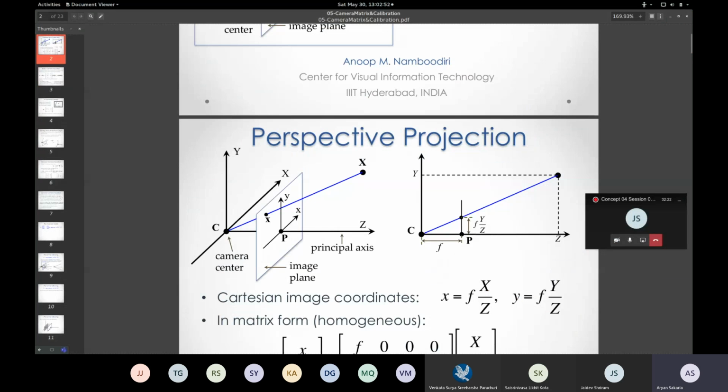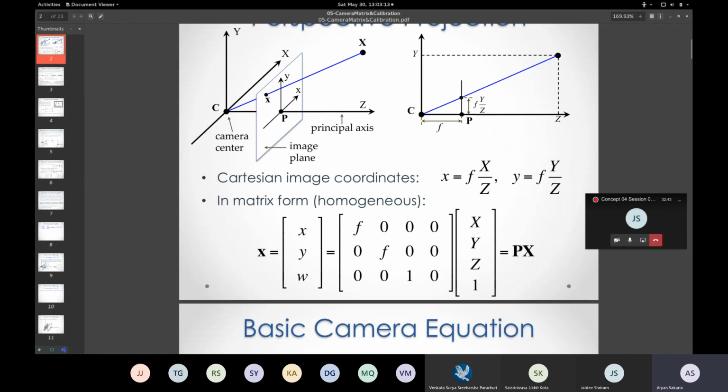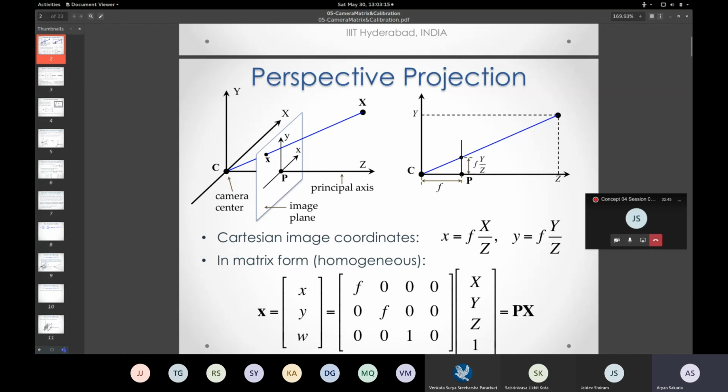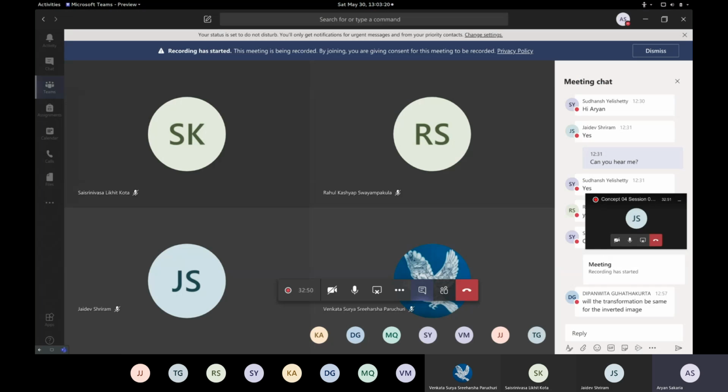Whatever is happening here is going to happen here, so the image is going to be exactly the same, except inverted. Inverting it twice just makes it upright. Whatever geometric transformation you do is going to influence your original image, and obviously this image as well. Did I answer your question?